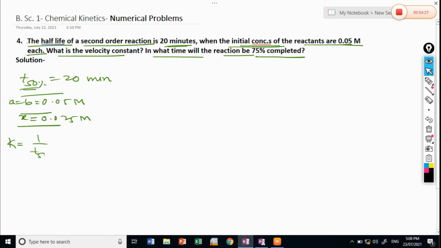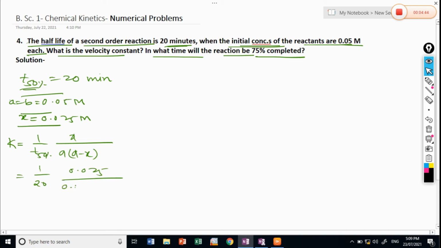K is equal to 1 upon T50%, X divided by A into A minus X. So K is equal to 1 upon 20 minutes, X is 0.025, A is 0.05 into bracket, again A 0.05 minus 0.025.